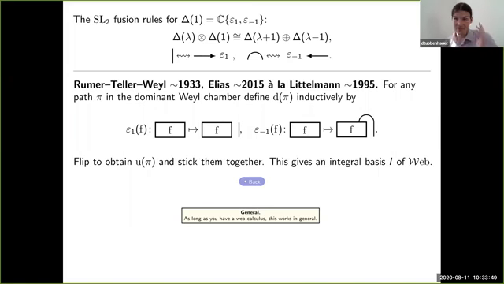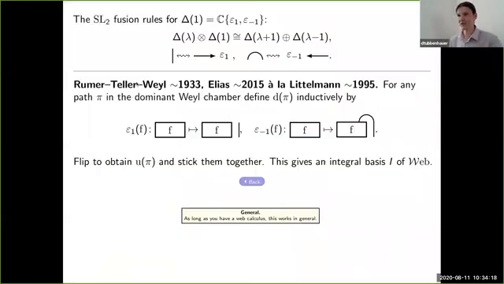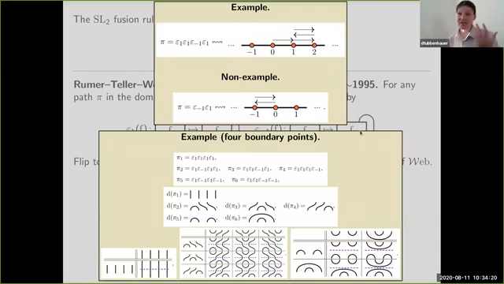And formally speaking, for each path in my dominant Weyl chamber, I will zoom in on an example in a second, I would define a certain web, a certain diagram inductively by, well, whenever I see this direction, I just put a strand next to it. Whenever I see this direction, I cap off the last strand I see. And this inductively builds me an element which I then stick together to get the usual crossingless matching basis, as explained a long time ago by those guys, and by Ben in more generality. And this is how it works, really, in this case.